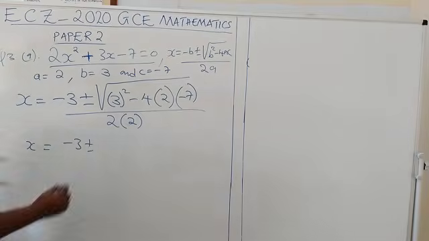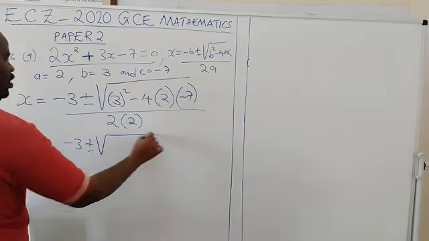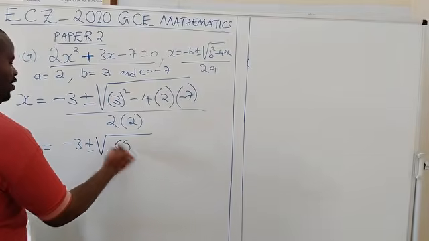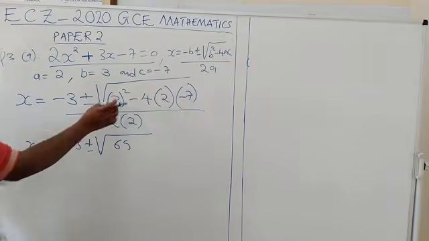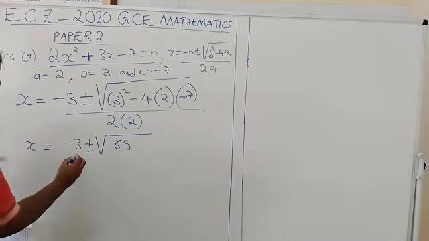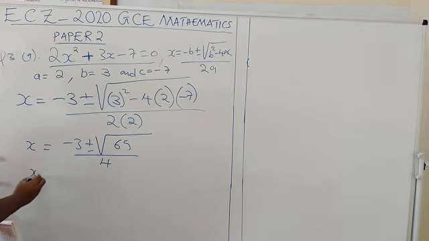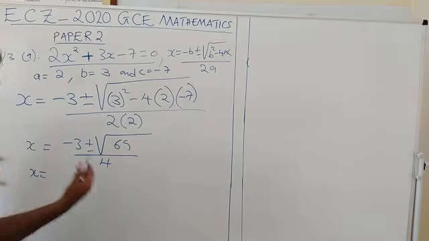So here, when you work out everything, you need to use a calculator. You get 65. Just punch it the way it is on your calculator. If you want, you can do it one by one. Then you divide this by 4. But we don't want to waste time in an exam.